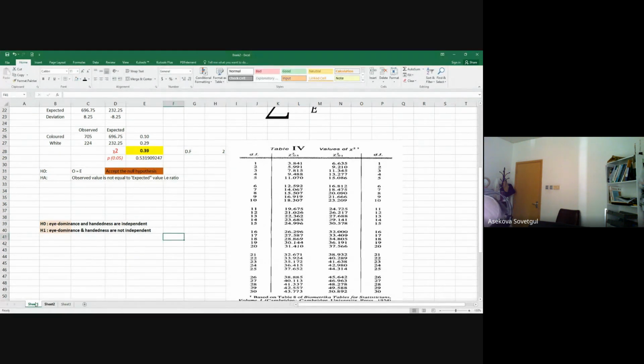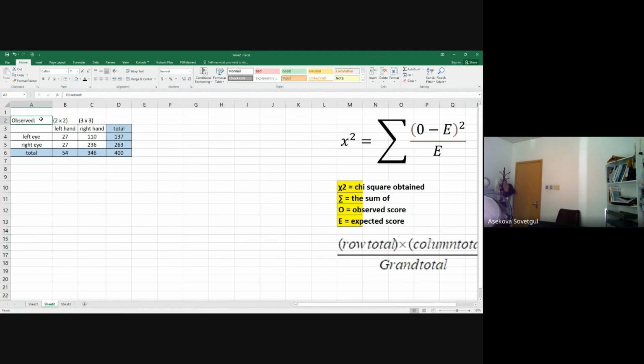Okay, anyway, let's go back to the observed value. This one is 2 by 2, so we only have observed values. How can we calculate the expected value? This is the big question, okay?